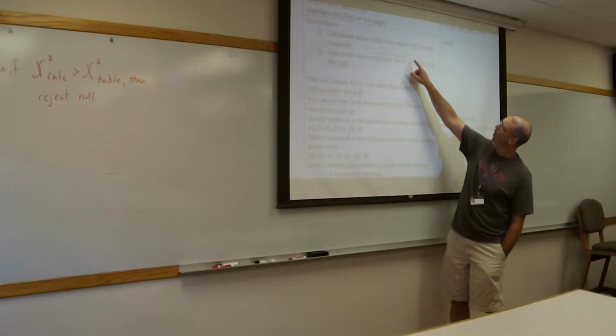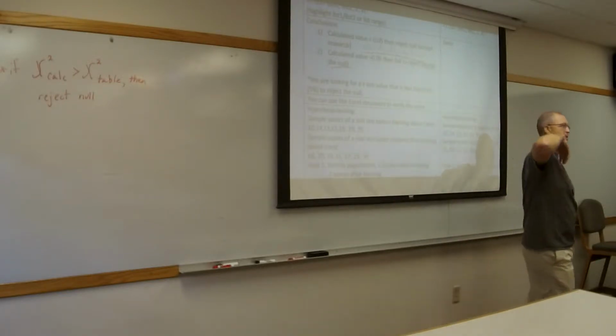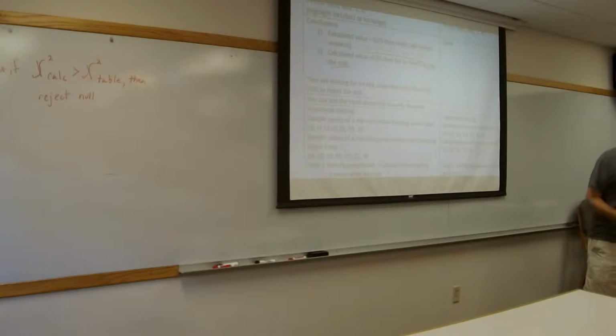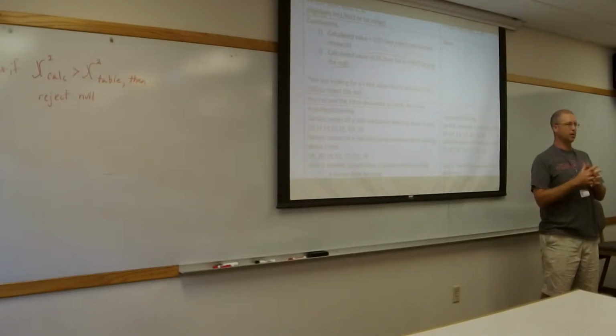The thing that people missed, and I put notes on there: when the question says, is the data statistically significant, that is the same as accepting the research hypothesis. So when it asks that question, is it statistically significant, that means you rejected the null.